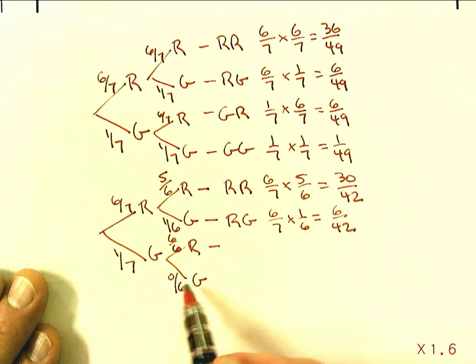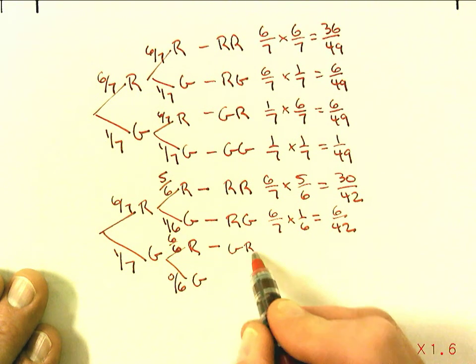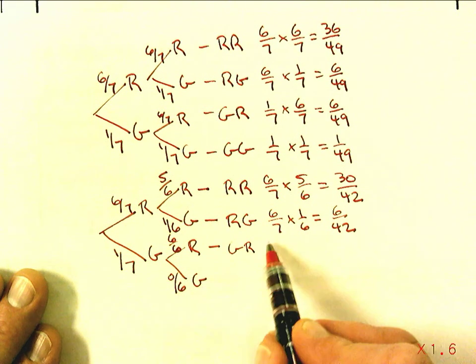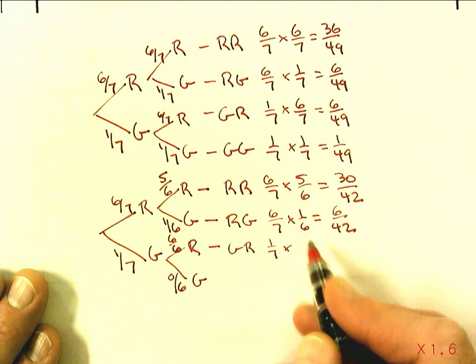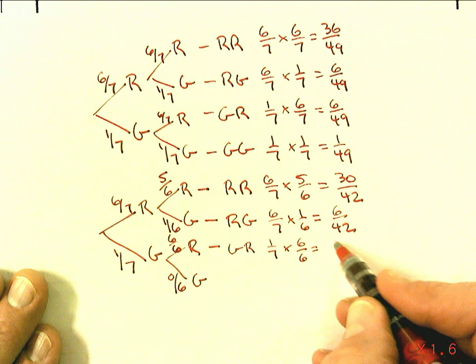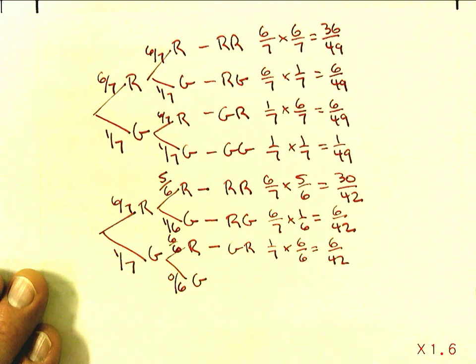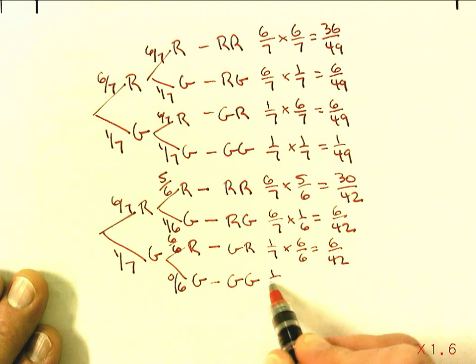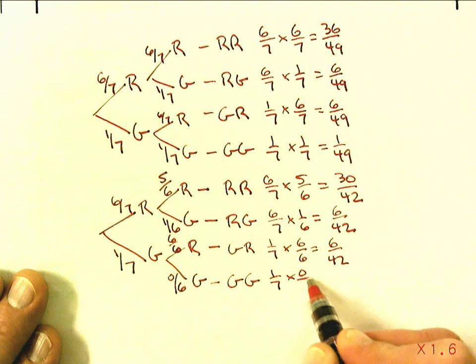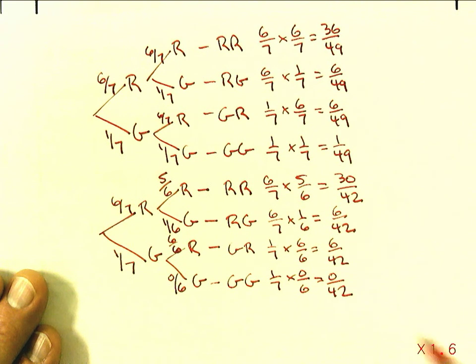And then to get green-red, I have 1/7 times 6/6, which is like 1. So 6 out of 42. And then very interesting on the last one, to get green-green is of course impossible when you only have 1 green in the container. And so we have a 0 out of 42 chance of that happening.